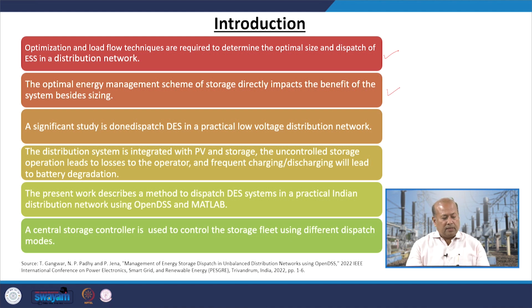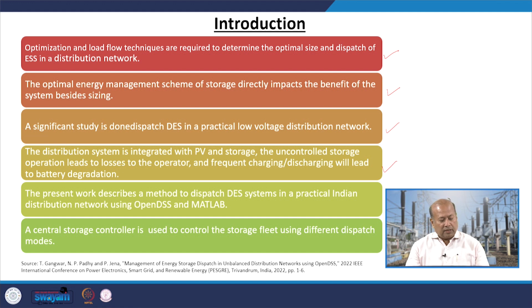A significant study is done to dispatch distributed energy sources in practical low voltage distribution networks. The distribution system is integrated with PV and storage. The uncontrolled storage operation leads to losses to the operator, and frequent charging and discharging will lead to battery degradation.